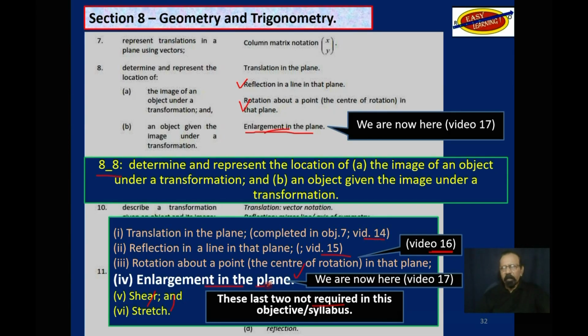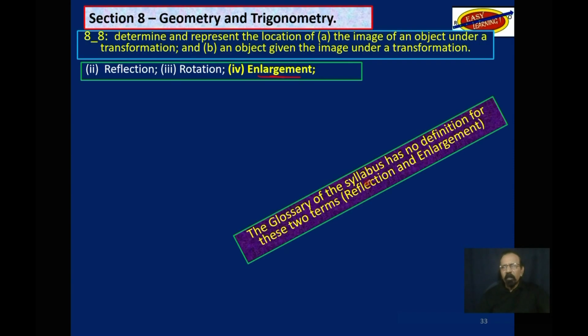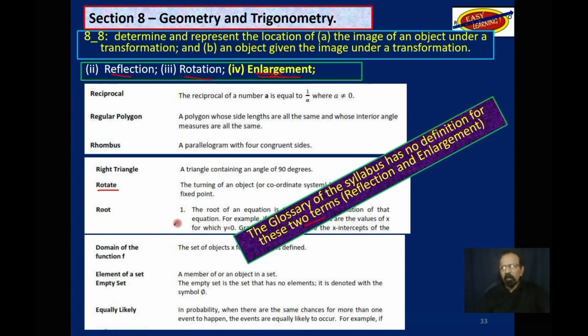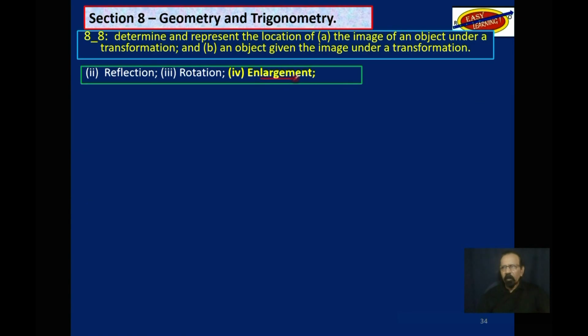Enlargement in a plane. Enlargement. The glossary of the syllabus has no definition for these 2 terms, that is to say, reflection and enlargement. It does have something on rotation here, but that was in the last video. Nothing on enlargement that we are dealing with now in this video.